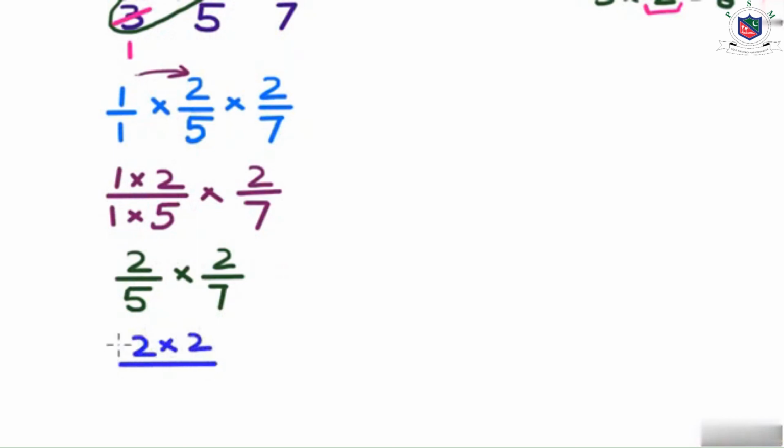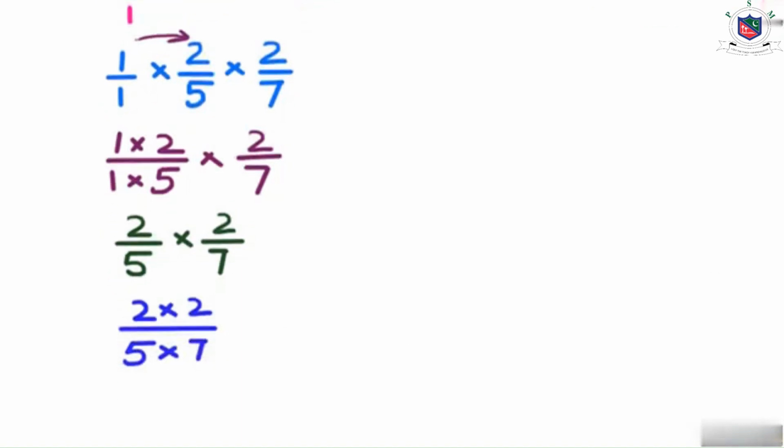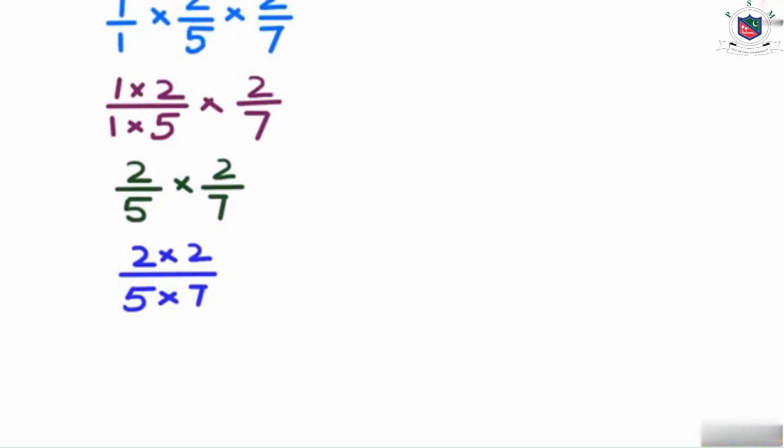2 multiplied by 2, because the numerator is multiplied by the numerator, and 5 multiplied by 7, because they both are denominators. So 2 multiplied by 2 is 4 and 5 multiplied by 7 is 35.